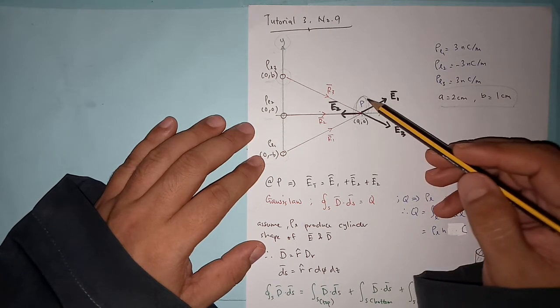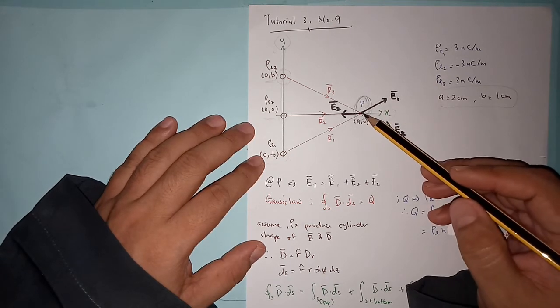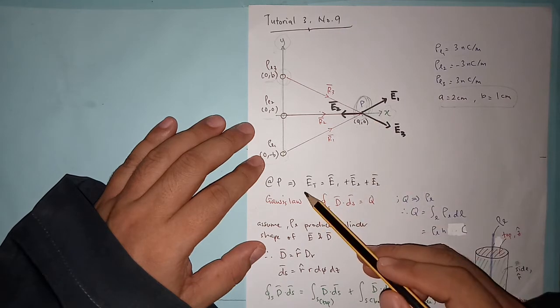At this point, we know that the electric field intensity is given by this formula.